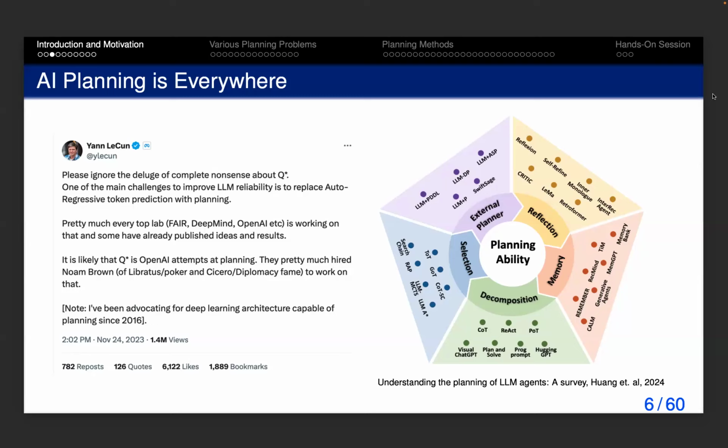I want to point to this picture, which is from a survey that was recently published that outlines the space of planning abilities within large language models. But I want to point out that that's not the scope of this tutorial. I just want to mention that planning is everywhere, but we're not going to be covering any of these for the scope of this tutorial.